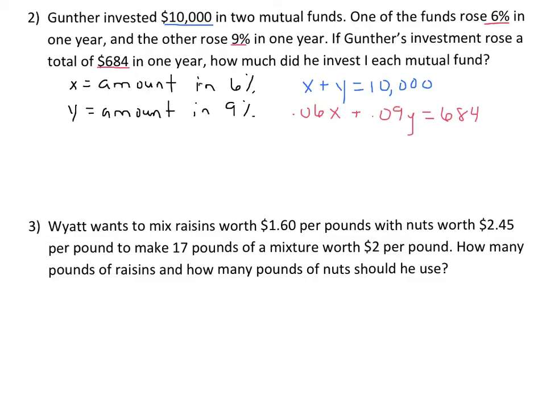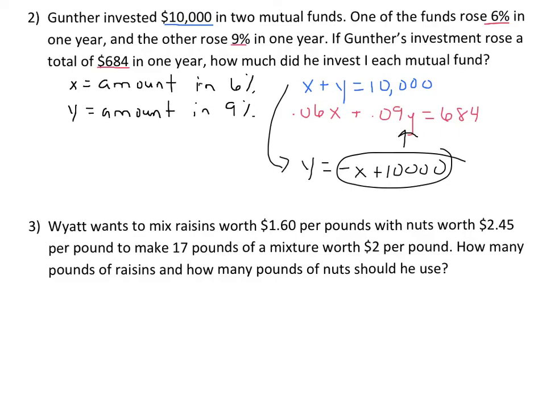And then again, in this case, I would probably use substitution again. I would take the top equation and have y equals negative x plus 10,000, and substitute that in there. Now, you may use elimination if you choose, but that's up to you.